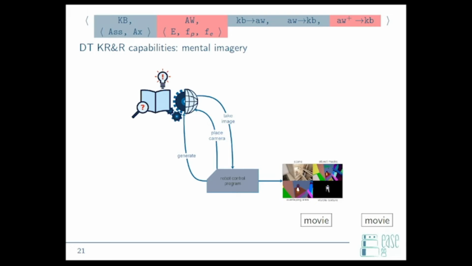For one thing, if the robot has very good expectations about what it sees, it can simplify its perception tasks substantially, right? And simplifying perception tasks means making perception much more robust, but also much more efficient.